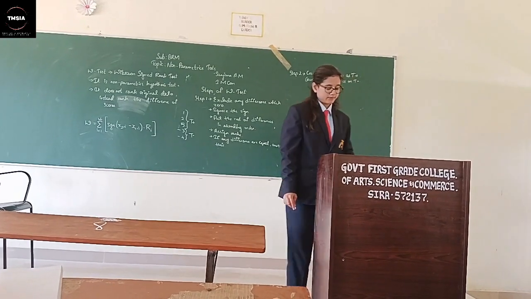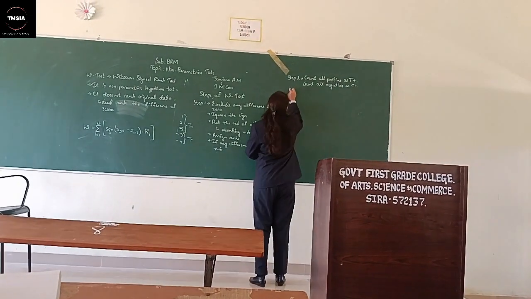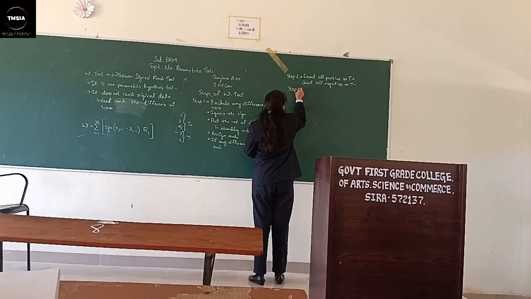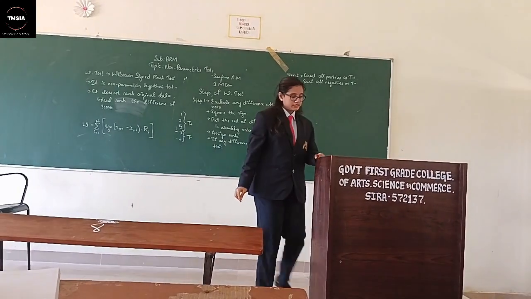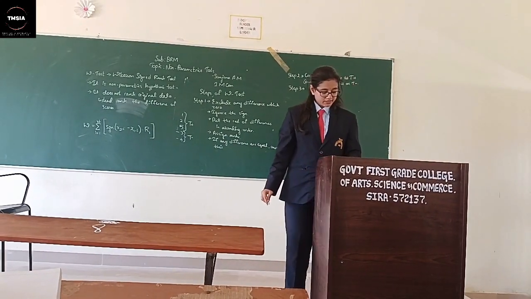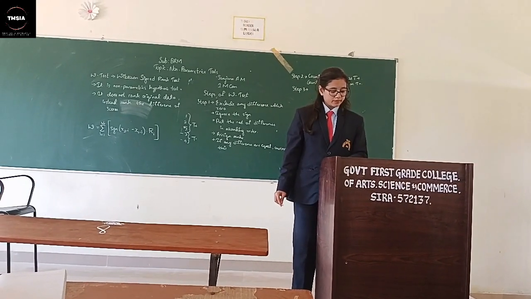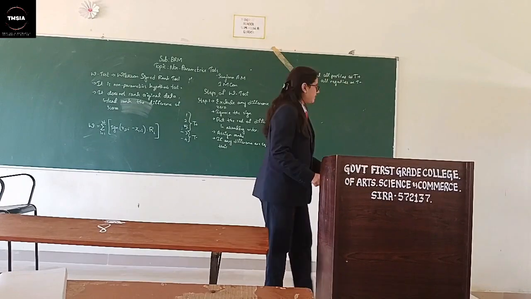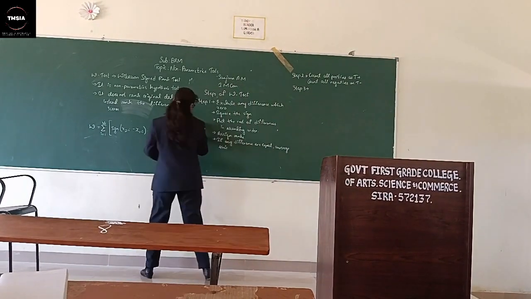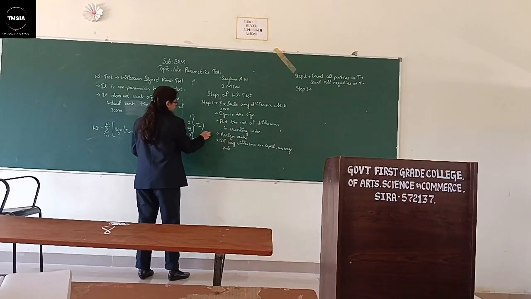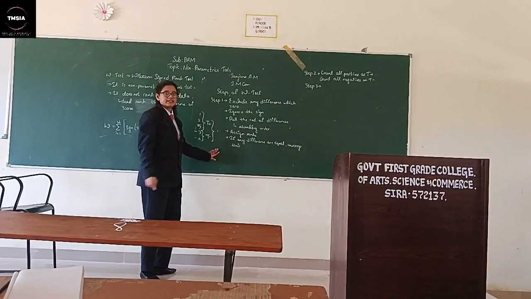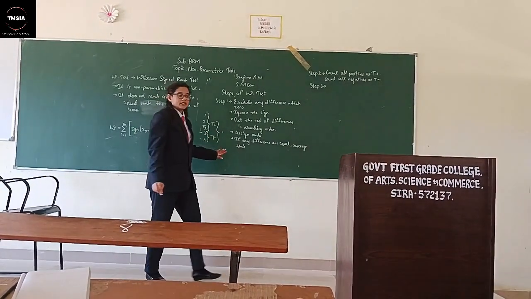Next is the third step. In step 3, if there is no difference between T plus and T minus, then they would be similar. If these both values are equal, they consider these both as equal.